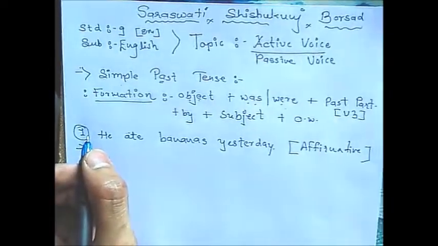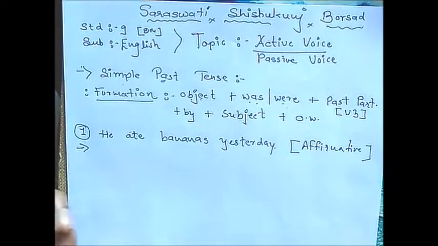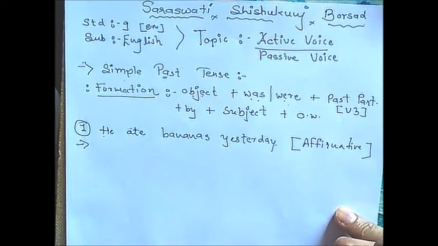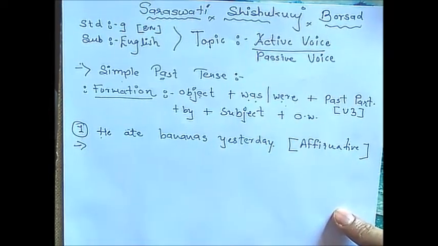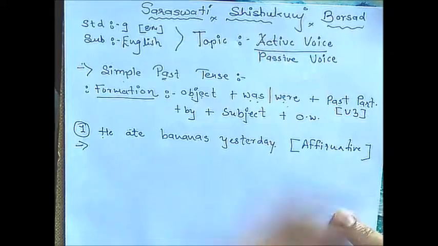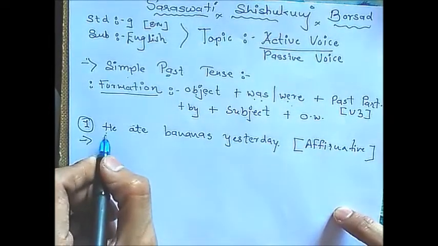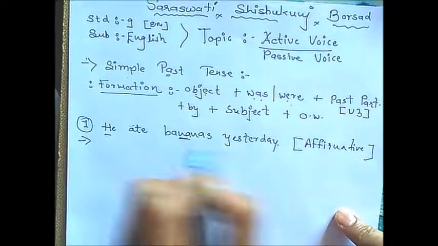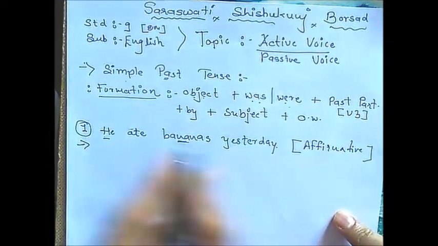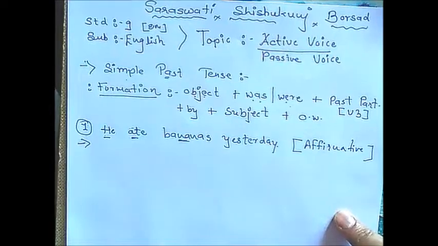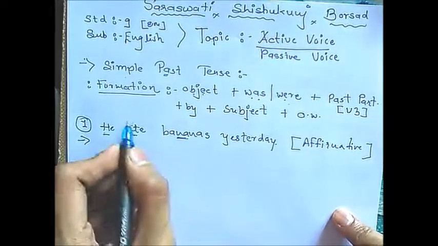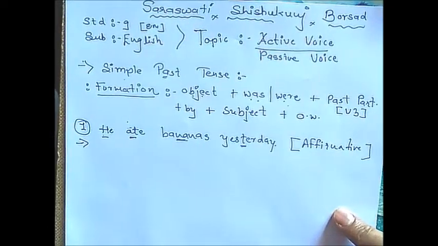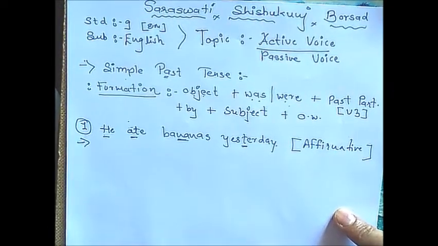Now here in the very beginning, you have to find out what is the subject, what is the verb and what is the object. The sentence is very simple. Here you can see the subject is he, bananas is considered as your object, ate is the past form of to eat, and yesterday you can say is a suggestive word.